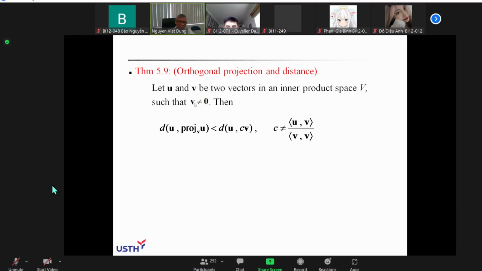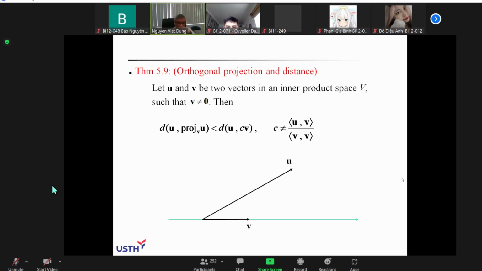Because of that, we can always define the orthogonal projection of U on V. In that case, the distance between U and its orthogonal projection on V is always less than the distance between U and any vector of the form C times V. And here I have one condition, that C is different from that number. I explain that to you by a picture.